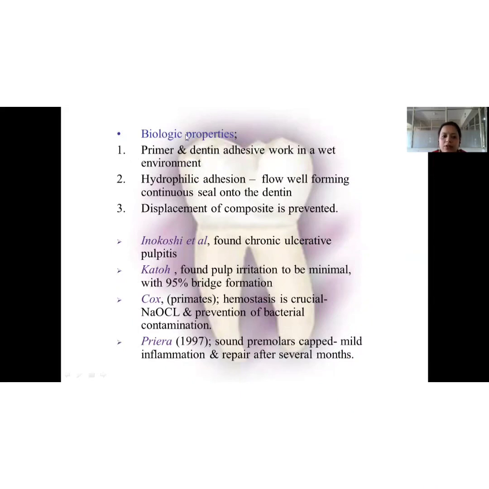What are the biological properties of primer and dentin bond? They work in a wet environment, with hydrophilic adhesion, and flow well, forming a continuous seal onto the dentin. Displacement of composite is prevented when we use a primer and dentin bond.